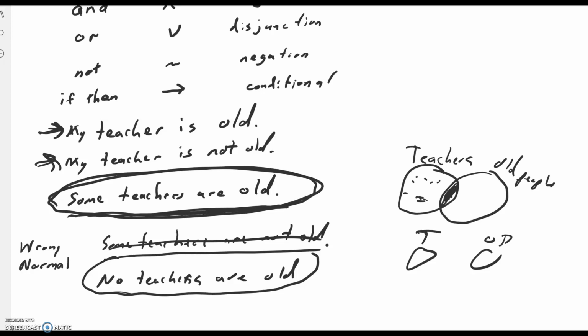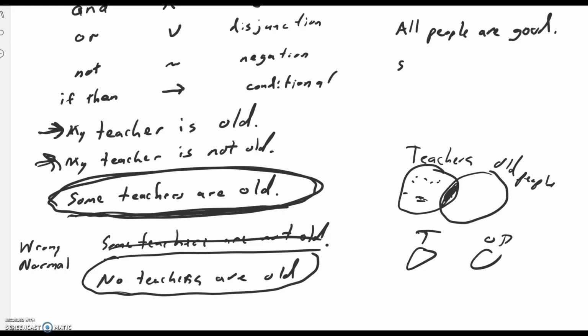Negating all: if I say all people are good. Well, that's kind of an optimistic point of view, but if I say all people are good, what's the negation of that? It's not really that all people are bad. That's not necessarily the negation.